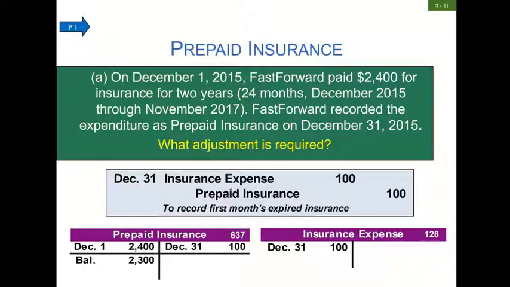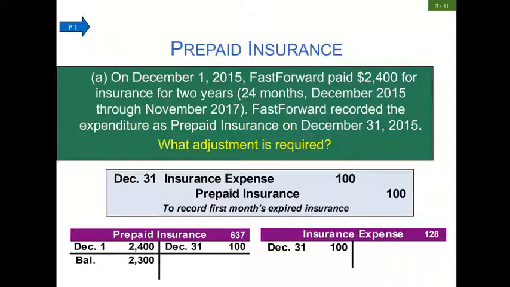When the company paid the insurance, on December the 1st, the entry that the company makes is a debit to prepaid insurance, which is recognized as an asset because it has future benefits, with the amount of 2,400, and the credit side is cash.